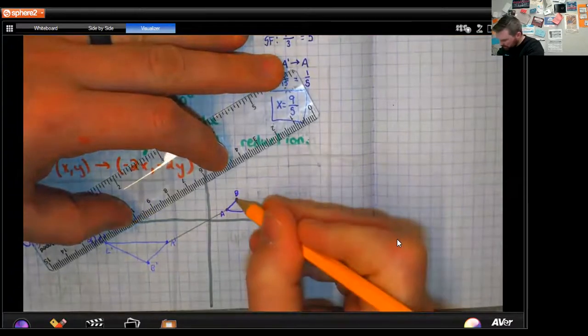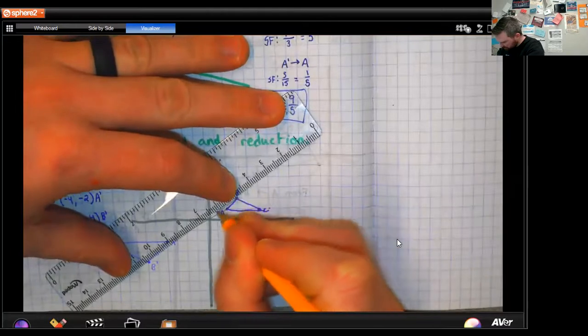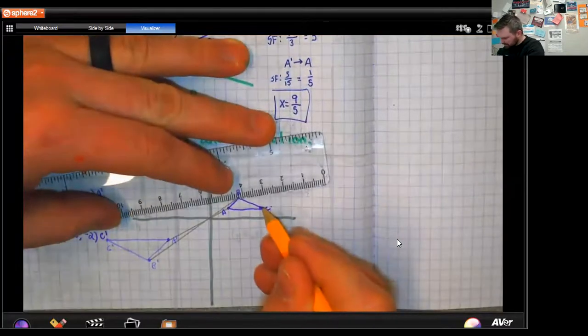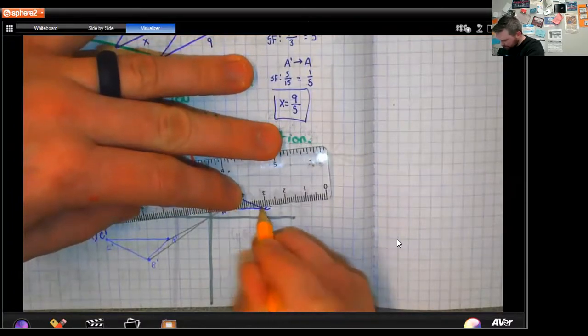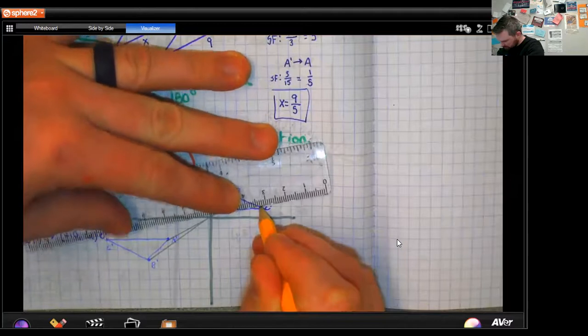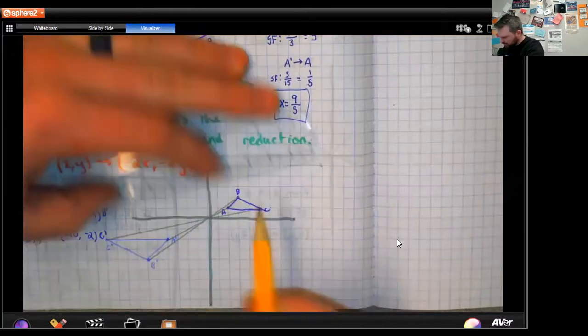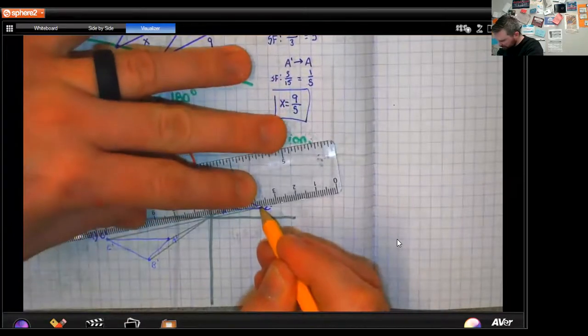If I go B to B prime, not much of a difference, but it goes through 0, 0. And C, you've got to make sure that you're on the actual point there. Here, and these would just extend forever in both directions.